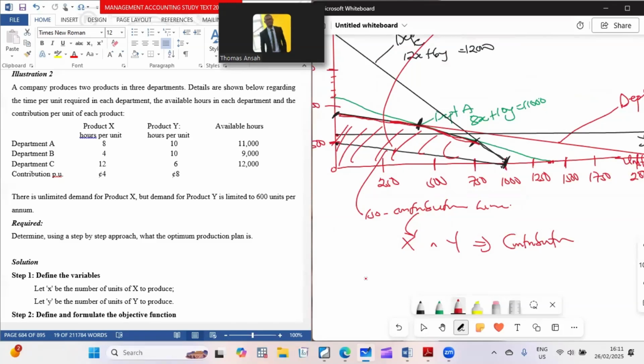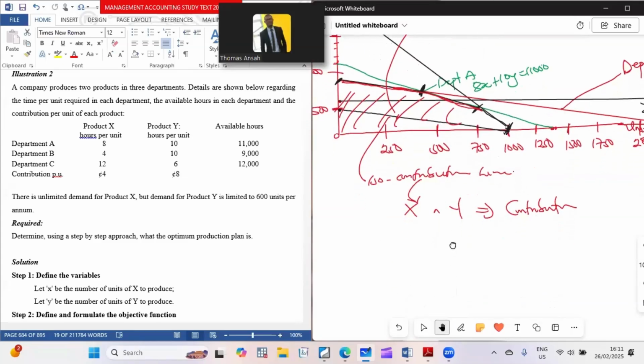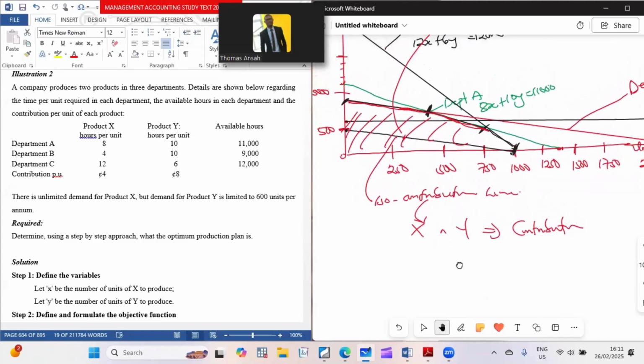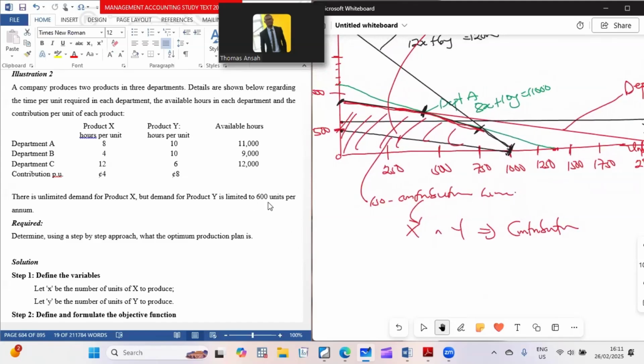So remember, for example, you have 8x plus 10y giving you your 11,000.